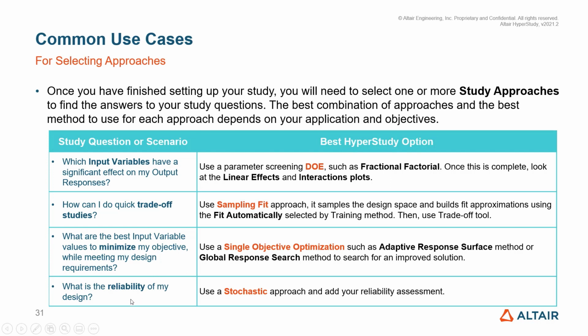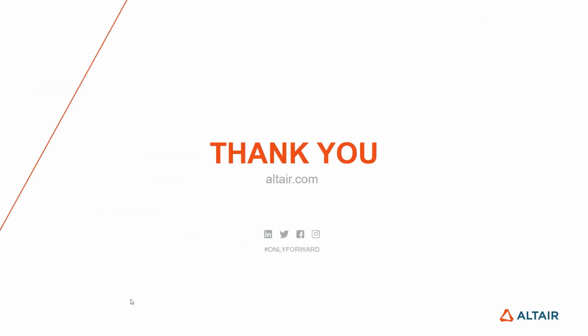And then what if I want to look at the reliability of my design? So if you have these very high-level questions, please check out these slides for some guidance on which approach might fit the question or scenario you want to answer. Or of course, if you still don't know the answer, feel free to reach out. We're happy to provide some assistance in this area for people to get started.